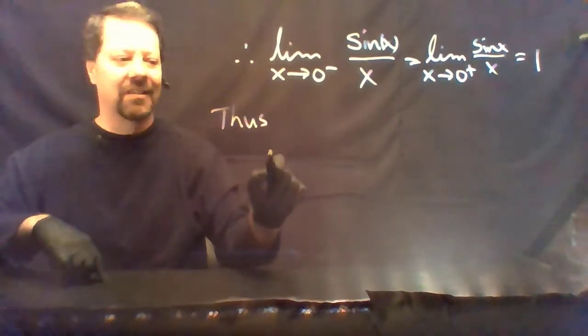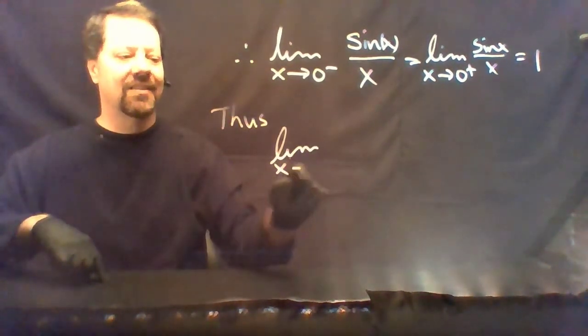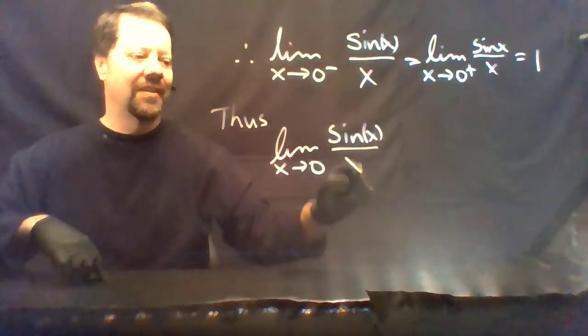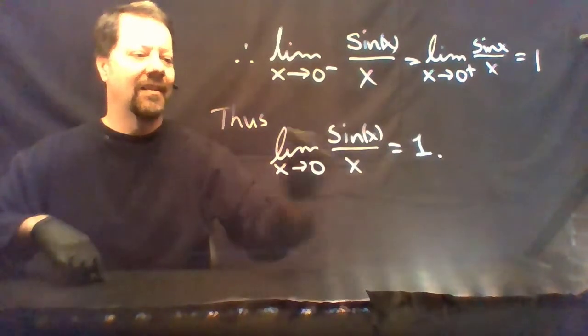We finally conclude that the limit as x goes to 0 of sine x over x is 1.